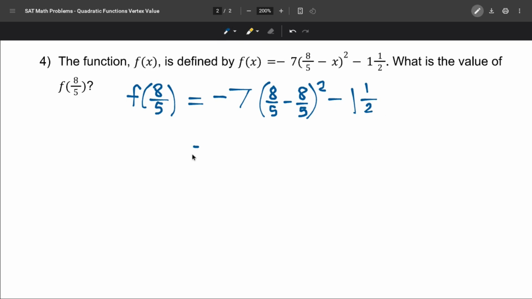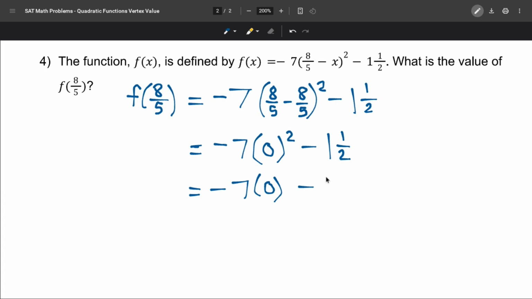All right, so this is going to be -7 times (8/5 minus 8/5, which is 0) squared, minus 1 1/2. Okay, 0 squared, 0 times 0 is 0. So -7 times 0 minus 1 1/2.